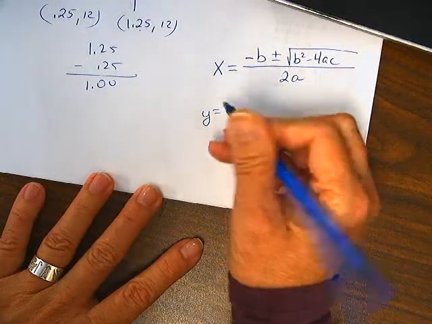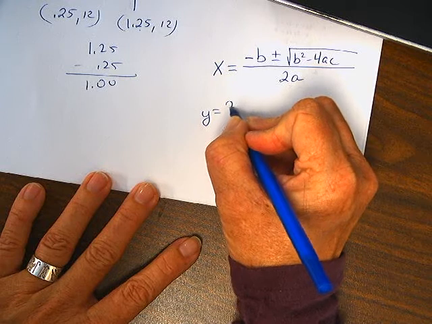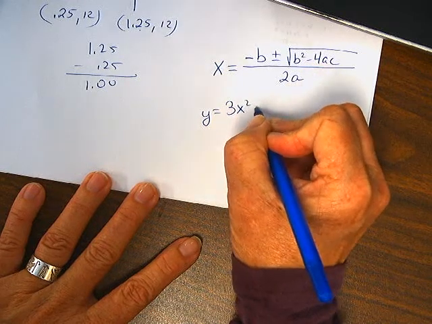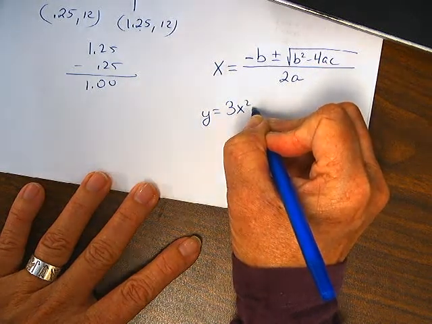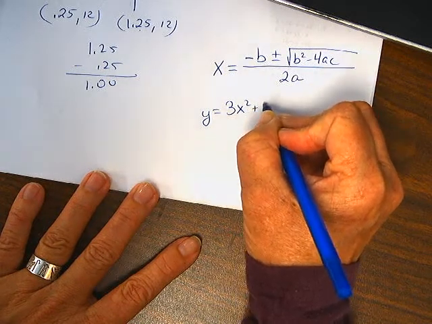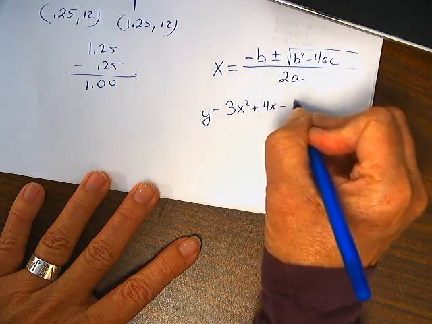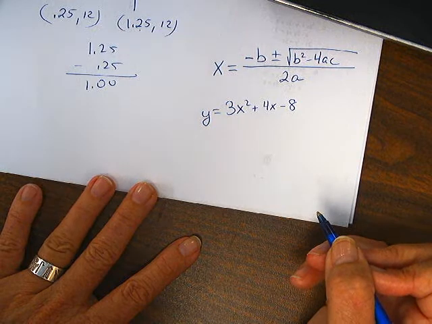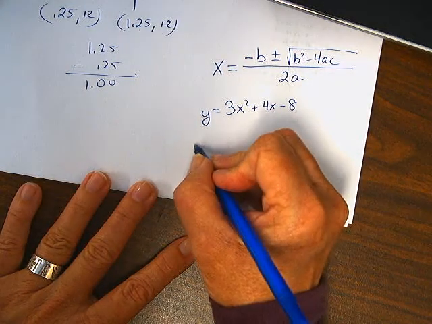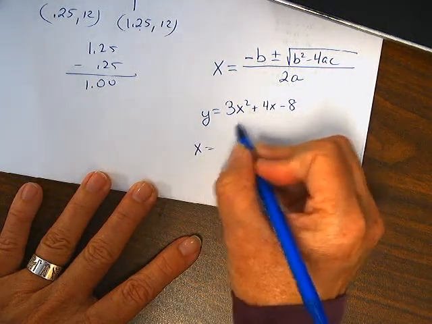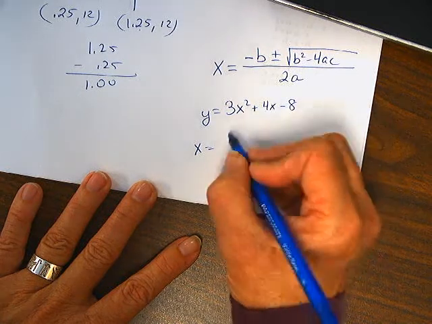If we had y is equal to 3x squared plus 4x minus 8. If I'm trying to solve that, I just plug it right in. X is equal to negative b, the opposite of the b value.